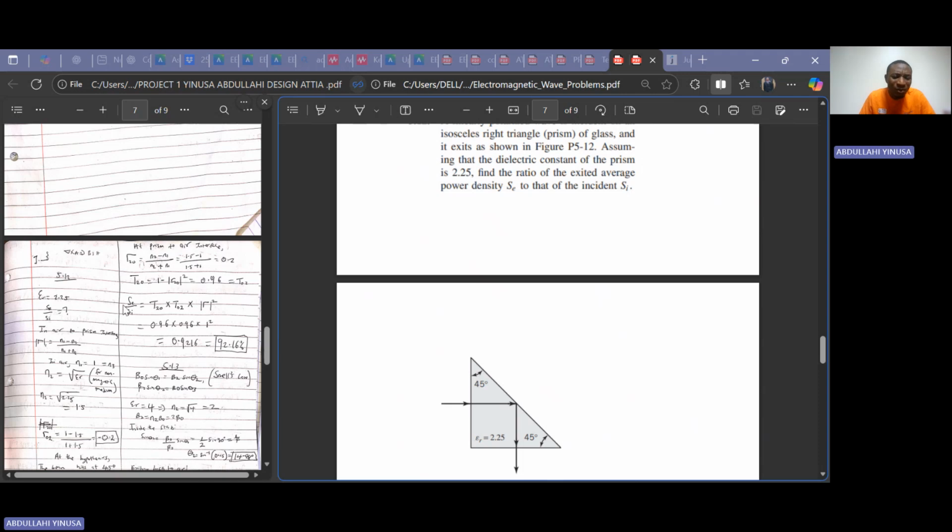But this is the total transmission across the prism. Then R squared, because we are considering the first, when it is around this place in free space and when it is in the prism. So that we were able to get 0.95. The formula I told you before starting the explanation: you multiply the transmission across 0 to 2, then the transmission across 2 to 0, and then you multiply it by the reflection coefficient squared.